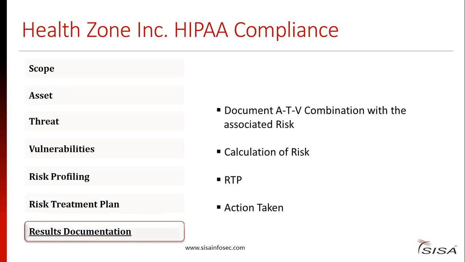The risk assessment and risk management document must cover the minimum information, that is your asset-threat-value combination details and associated risk value, the method of calculation of risk, what matrix and what method you have used to calculate the particular risk, the risk treatment plan against each risk identified, and whatever actions have been taken to mitigate that risk. These have to be documented in the risk management or risk assessment report of the particular assessed entity, so that you can produce this report at the time of audit to prove that this activity has been done effectively.